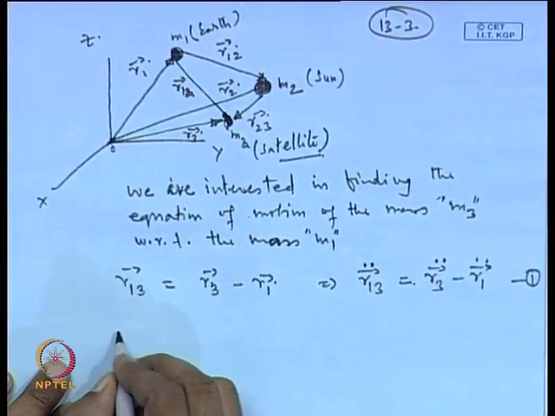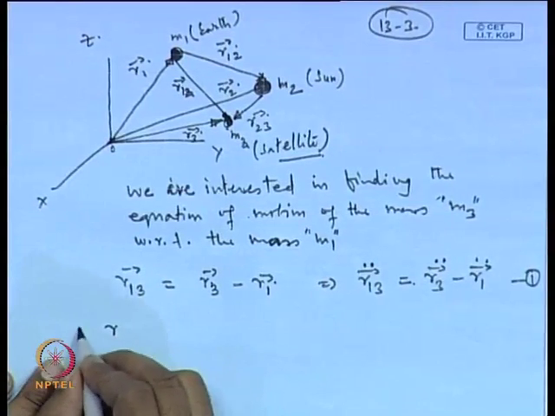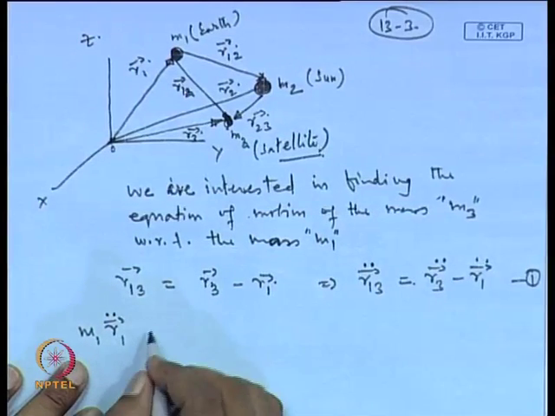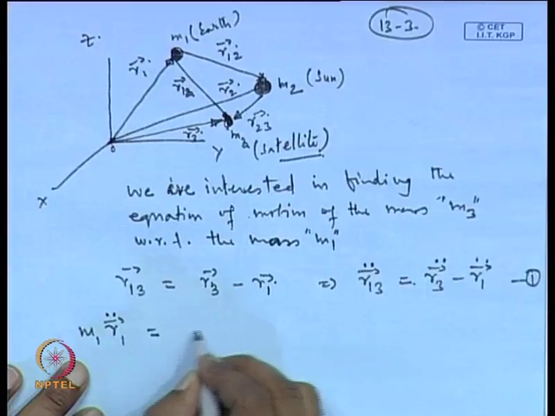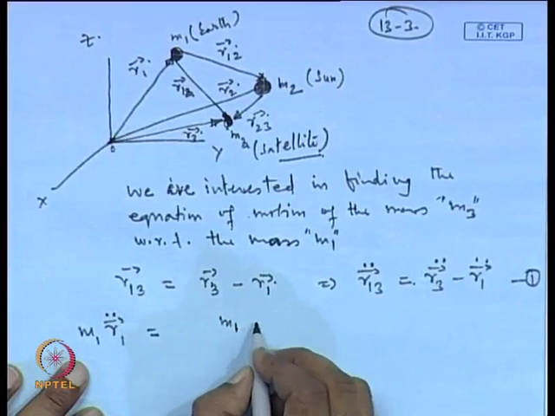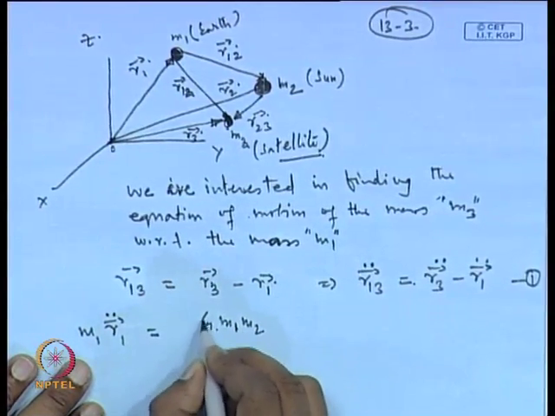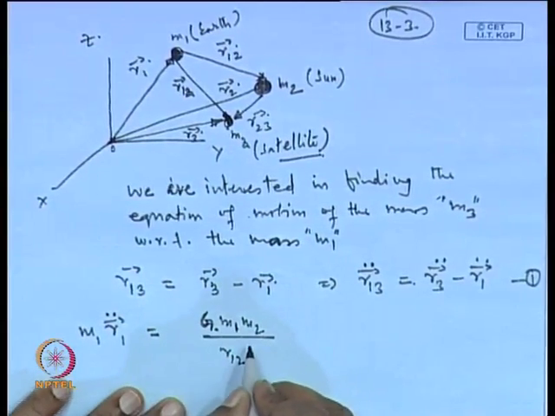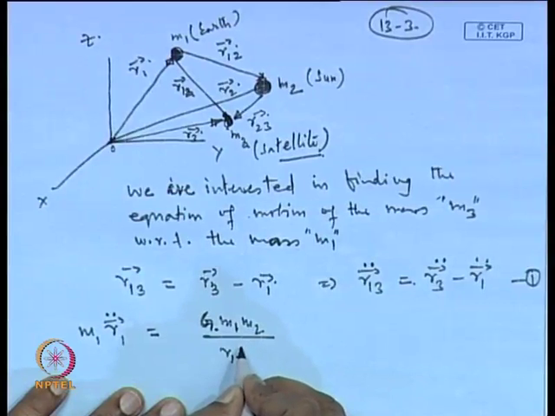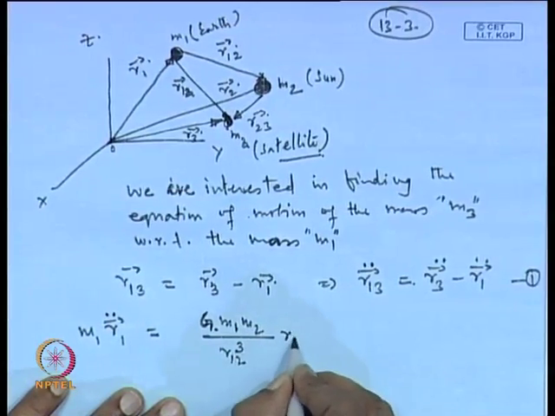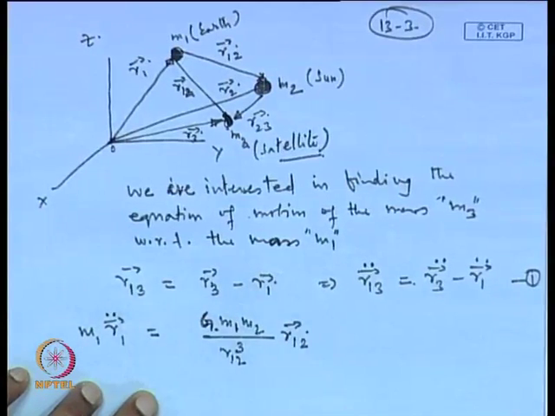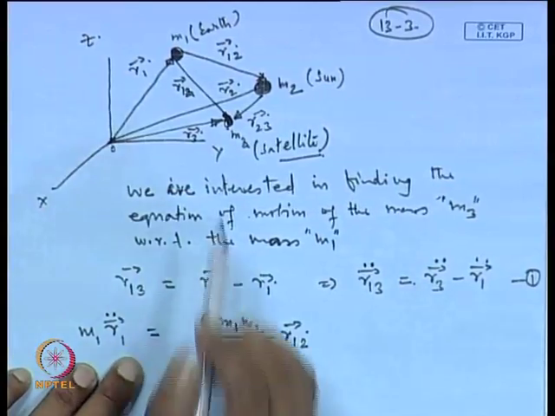Now, we can find the acceleration of mass m_1. So, m_1 times r_1 double dot will be equal to G m_1 m_2 divided by r_12 cubed, times r_12.